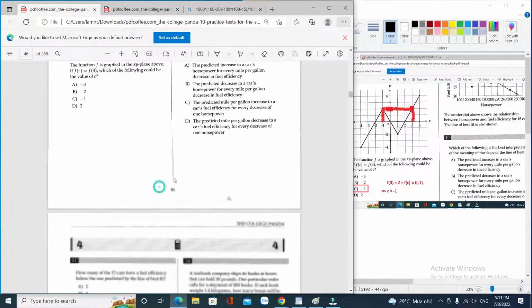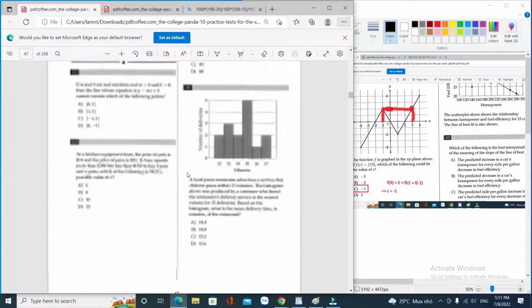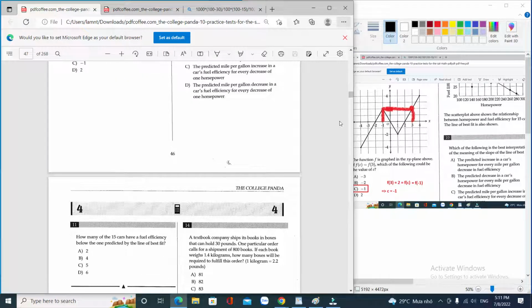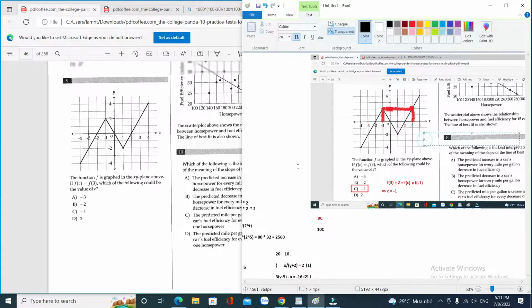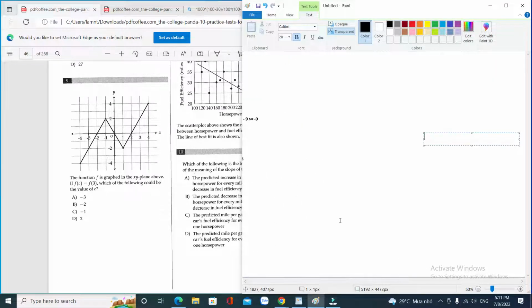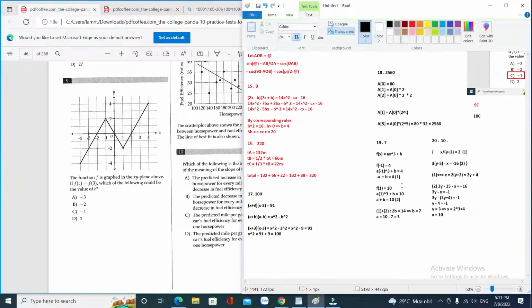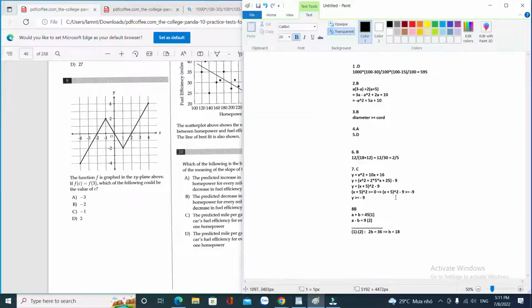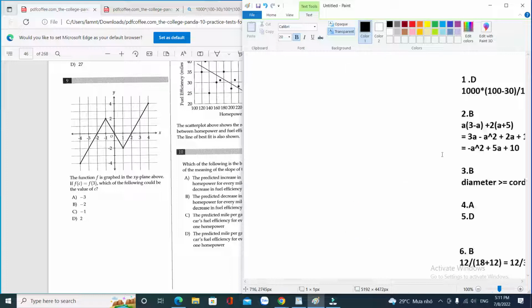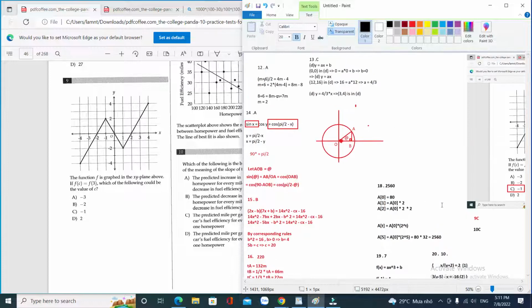Okay, so let's check number 15, and then I think we are good for this video, right? So let's try to check number 15. Let's see, where were we? That's section 4 from 1 to 8, and 9 and 10.